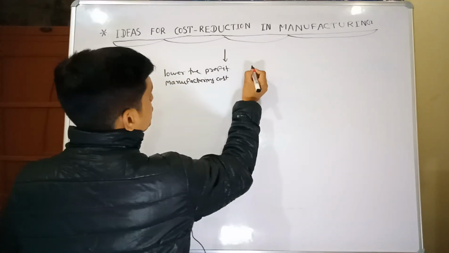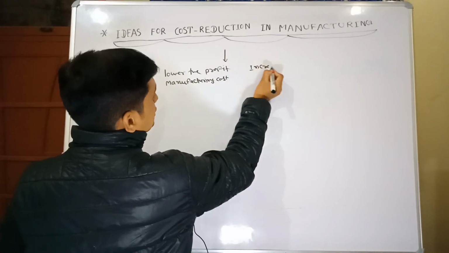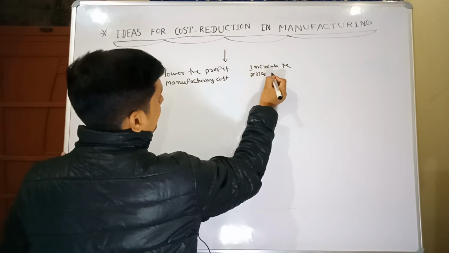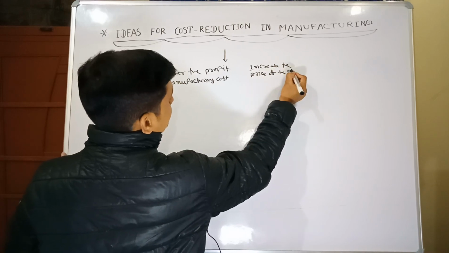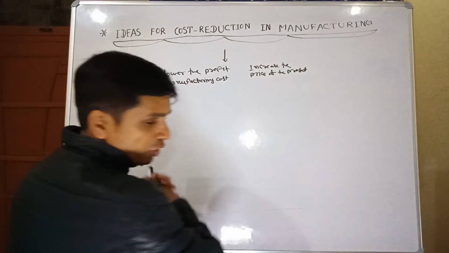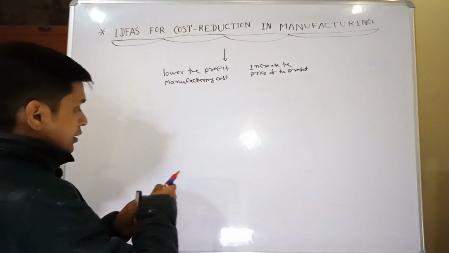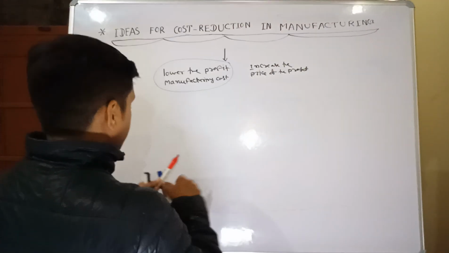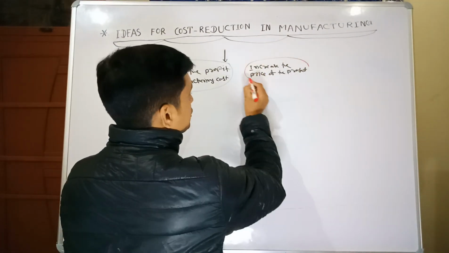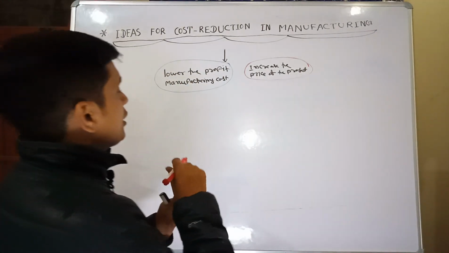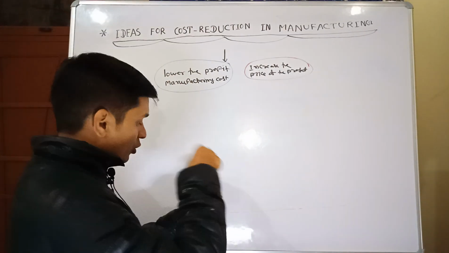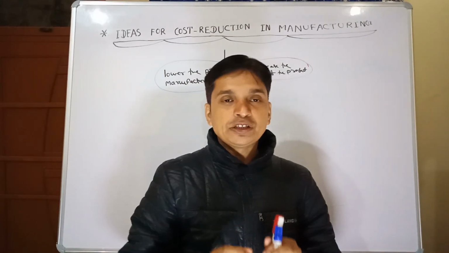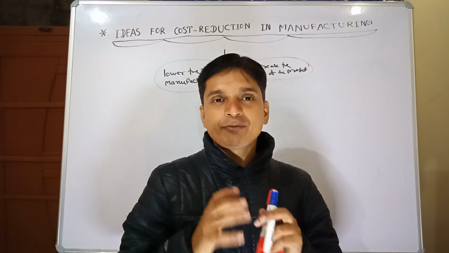Second option is increase the price of the product. Lowering the manufacturing cost is your permanent solution, and increasing the price of the product is not a permanent solution for profit margin. So today we discuss how to increase the profit margin of manufacturing.